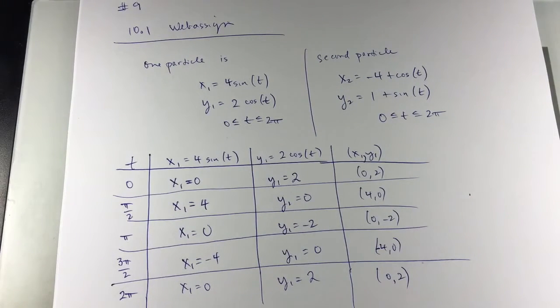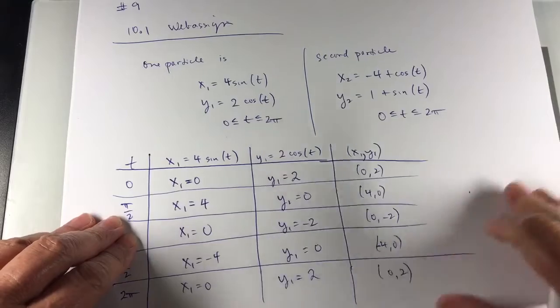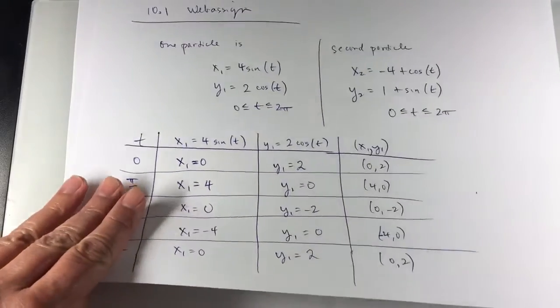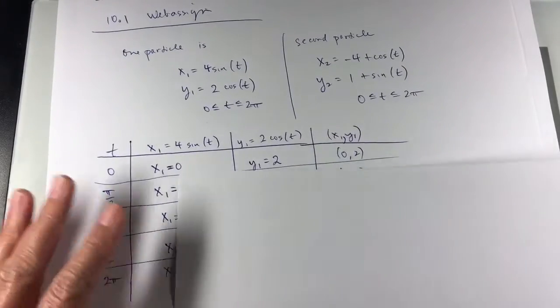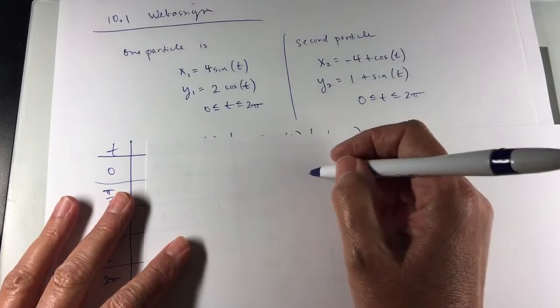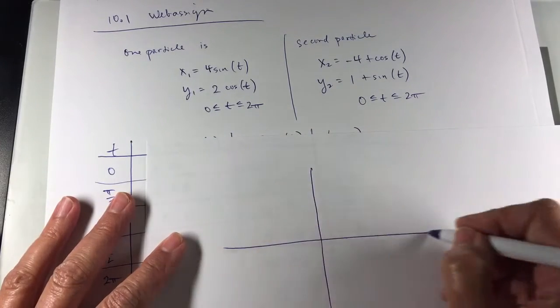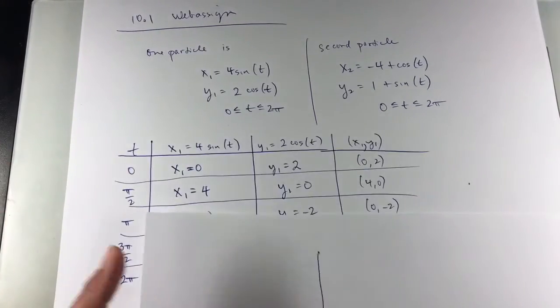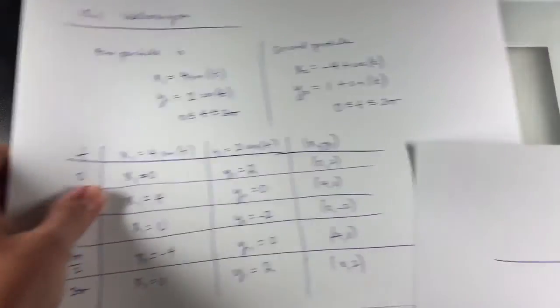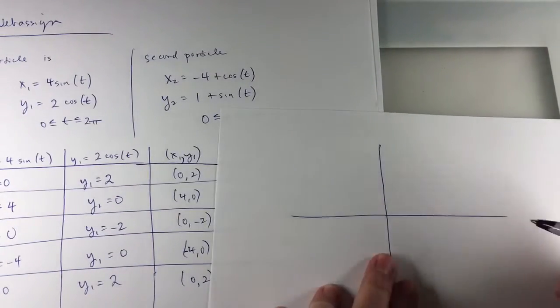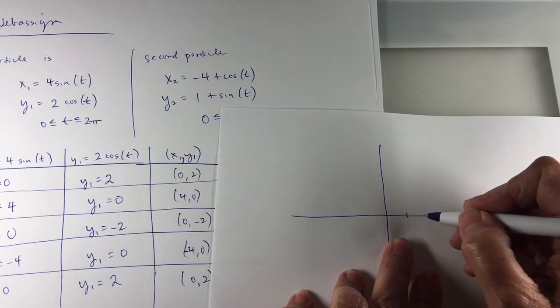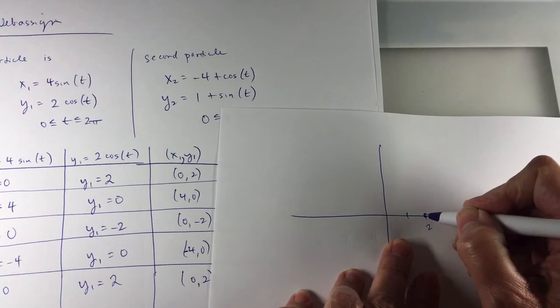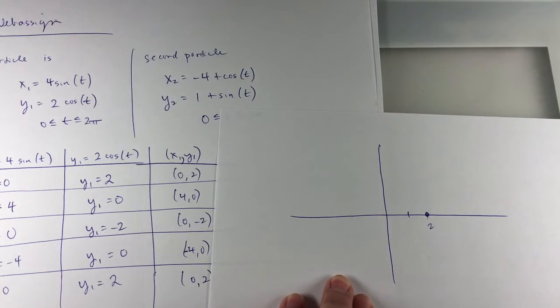So for the first particle, the first parametric curve, I'm going to get this sort of picture. I'm going from 0, 2. That's not the right spot, is it?